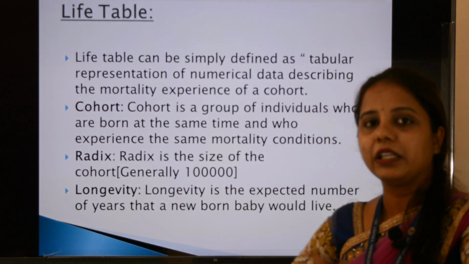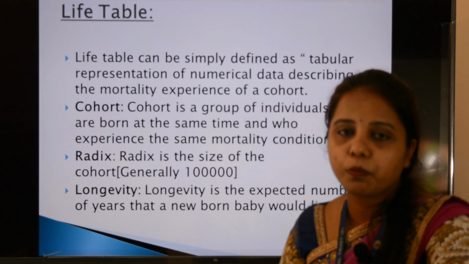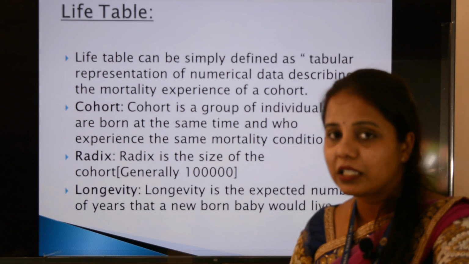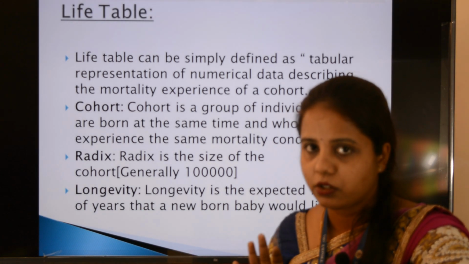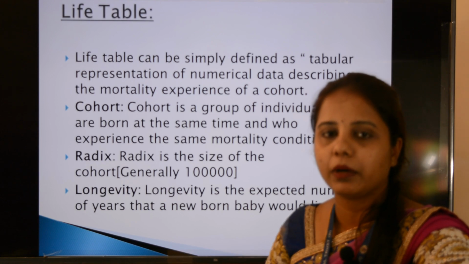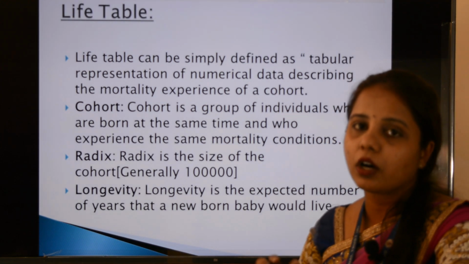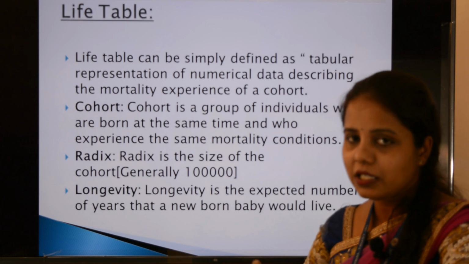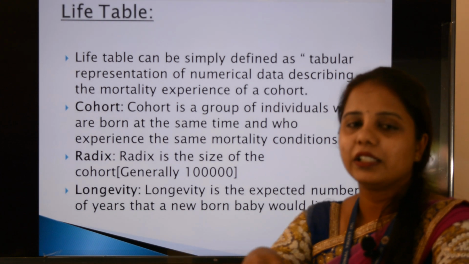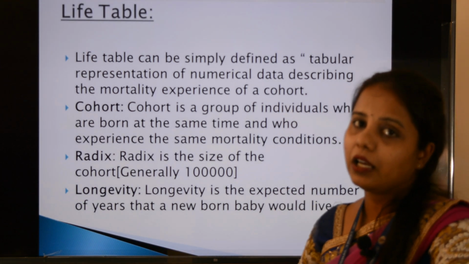Here also the meaning is almost the same, but cohort means a group of individuals who are born at the same time and experience the same mortality conditions. Born at the same time need not be the exact time or exact month, it is just the same year. So for this cohort all the details will be mentioned about their mortality, and that we'll call a life table.